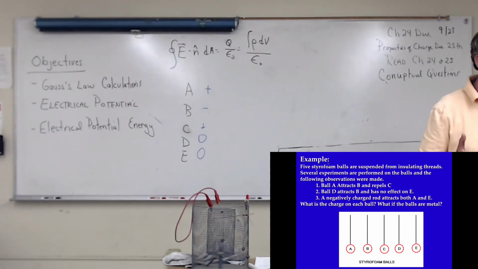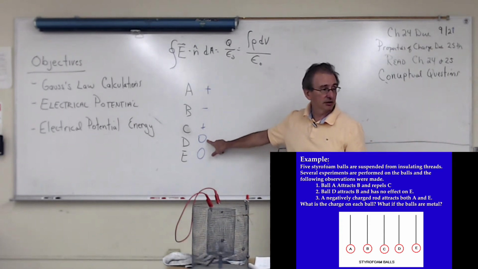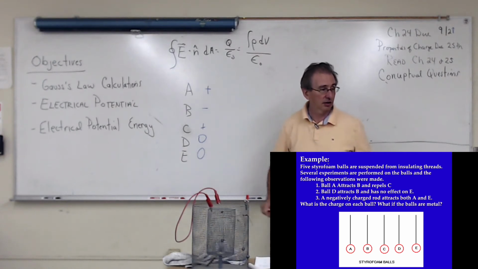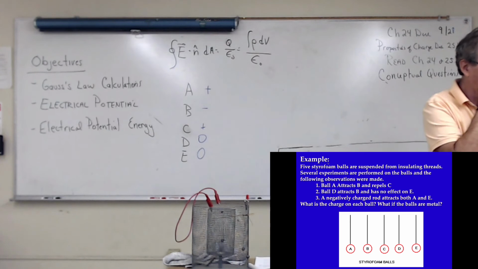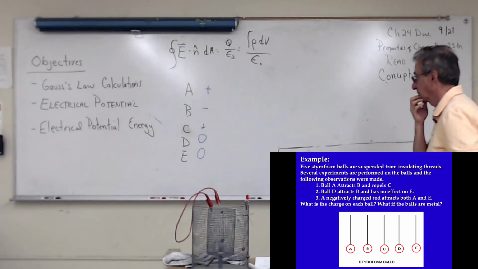The question with the problem with the 2x4. D will be attracted to the rod if it's negatively charged. Isn't that what happened with the 2x4? And D will be attracted to the rod.